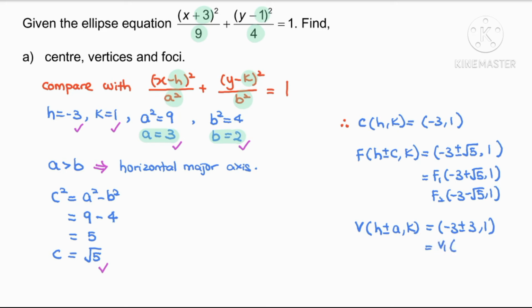So negative 3 plus 3 is 0, 1. This is our first coordinate. And the other one is V2. We have negative 3 minus 3 is negative 6, 1. So these are the coordinates for the center, vertices, and foci.